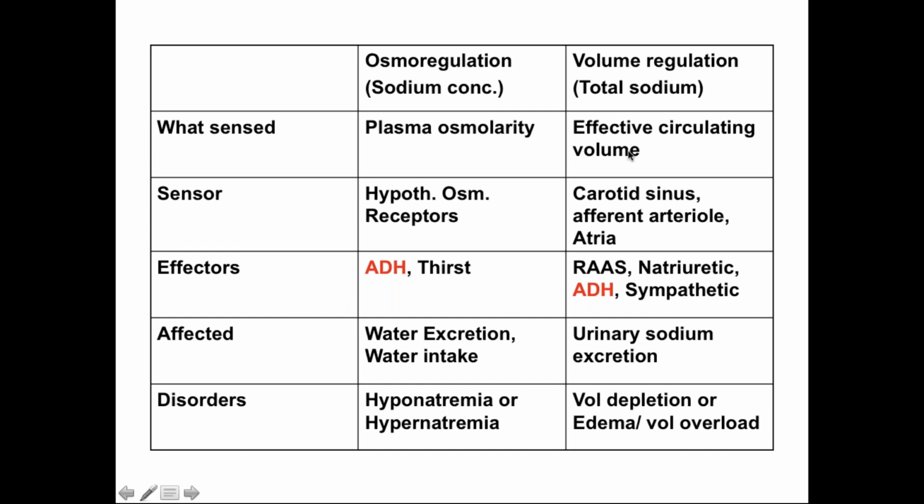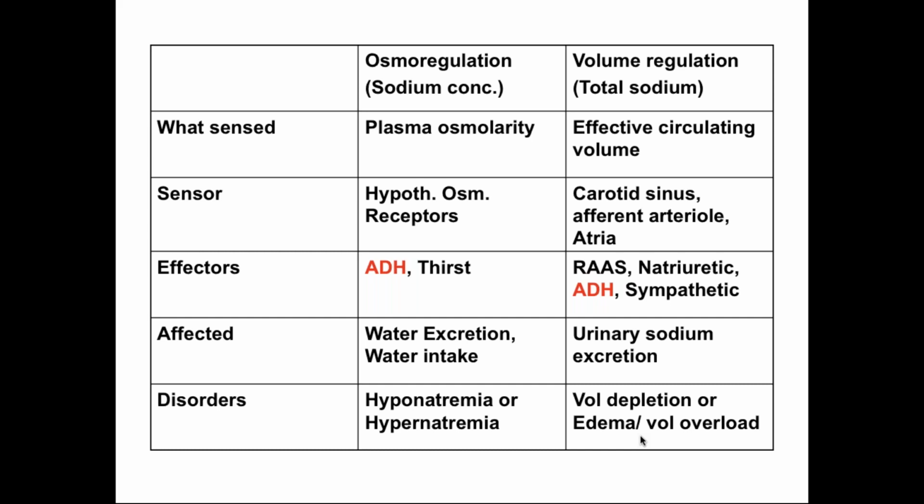In contrast, the body senses volume by the effective circulating volume, and it is sensed at the carotid sinus, the afferent arteriole, and atria, and its effectors are renin-angiotensin-aldosterone, the natriuretic peptides, sympathetics, and ADH as a last defense is revved up as well. Its short-term effects are vasoconstriction, but the long-term effects are through urinary sodium excretion or retention. The disorders are volume depletion or edema, volume overload.